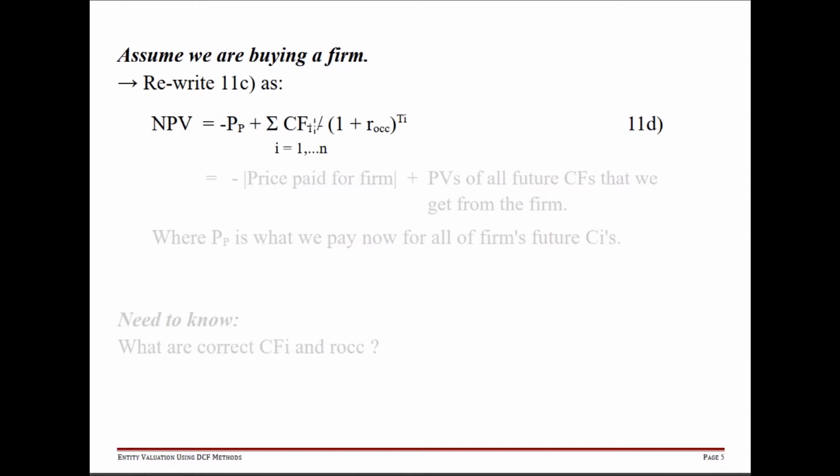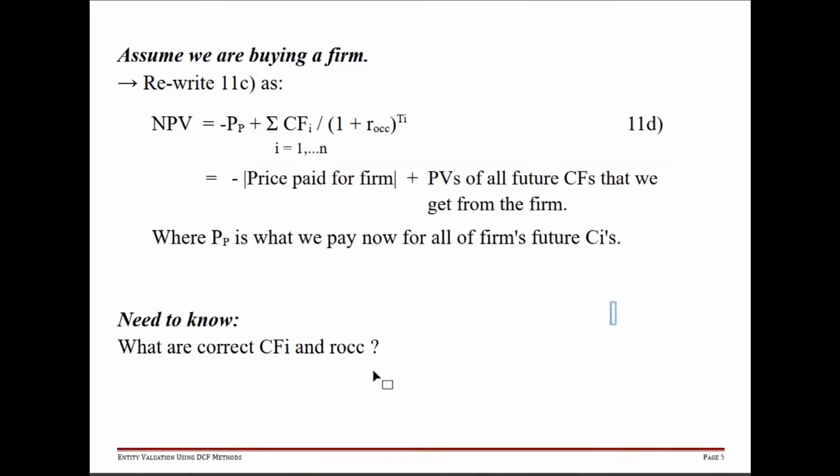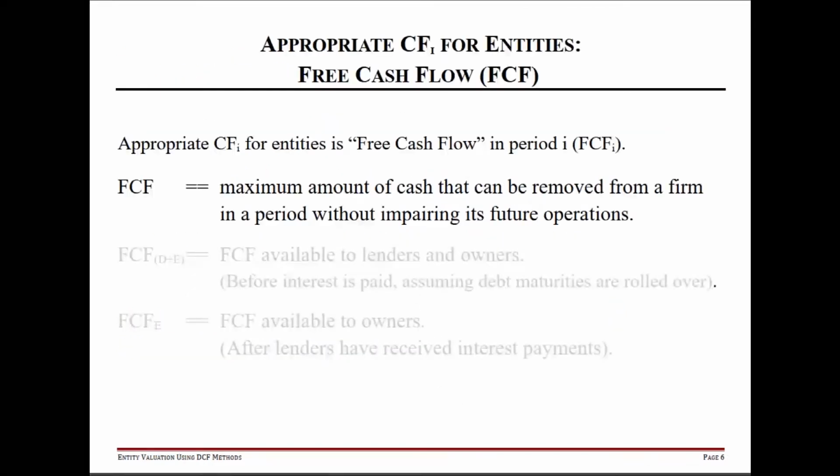And then over here, these are all the great cash flows that the firm is going to throw out to us as owners of the firm. And each one of those, of course, is going to be discounted back to t equals 0. And so what we need to know are what should the cash flows be here, and what is the discount rate that we should be using?